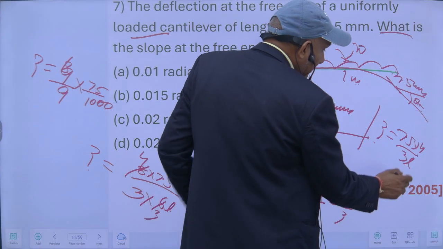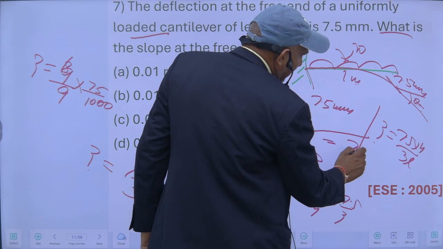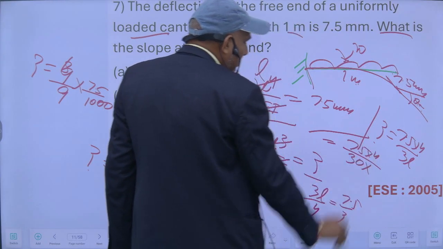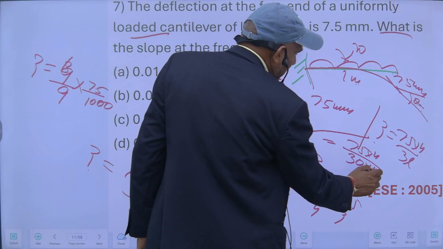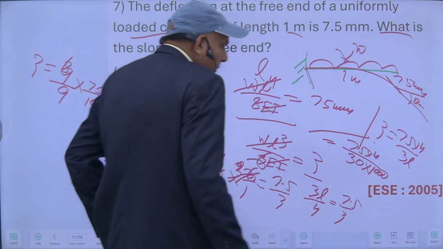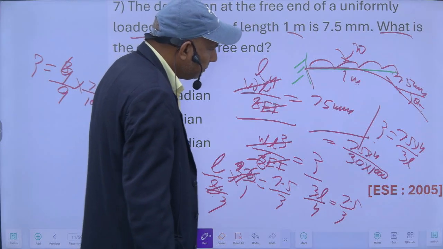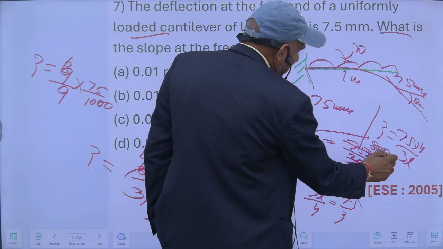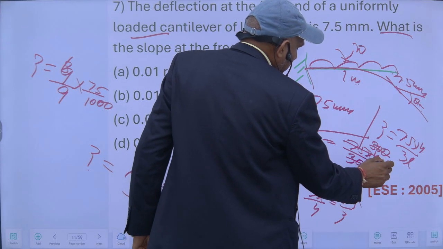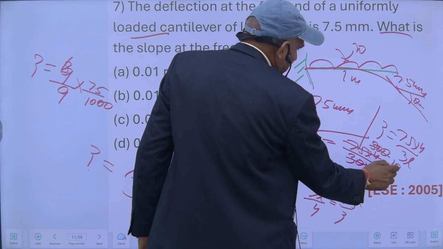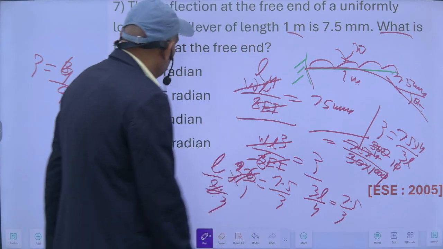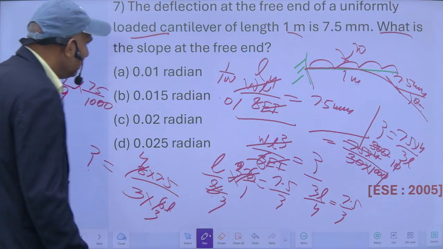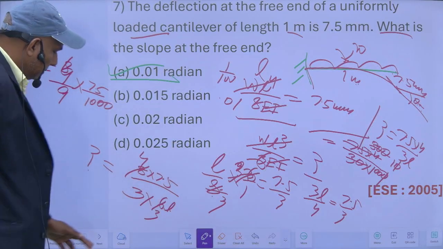So it will be 30 upon 3L, with L equal to 1 meter, which means 1000 mm. So this will be 300, so it will be 10 upon 1000, so 1 upon 100, which is equal to 0.01. So this is the answer.